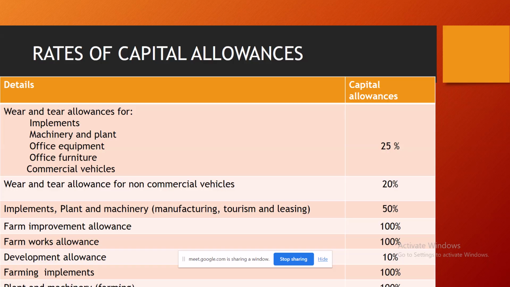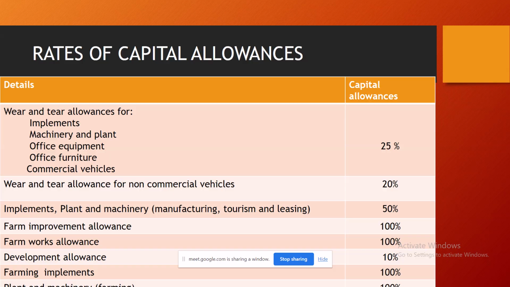So implements, plant and machinery, the rate for those which relate to manufacturing, tourism and leasing, it is 50%. For farm improvements, that is 100%.